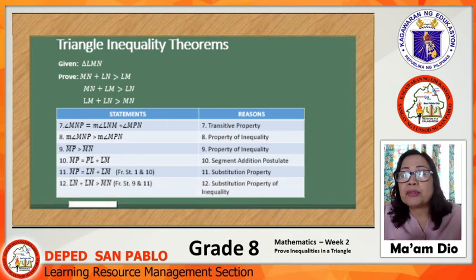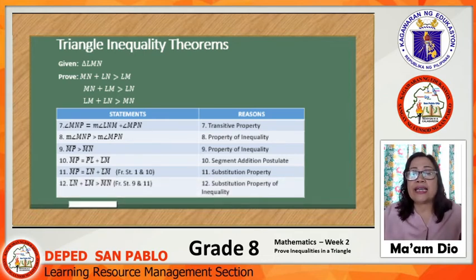And statement number 12 then follows that LN plus LM is greater than side MN, from statements 9 and 11, by the substitution property of equality. We have now proven that LM plus LN is greater than side MN.